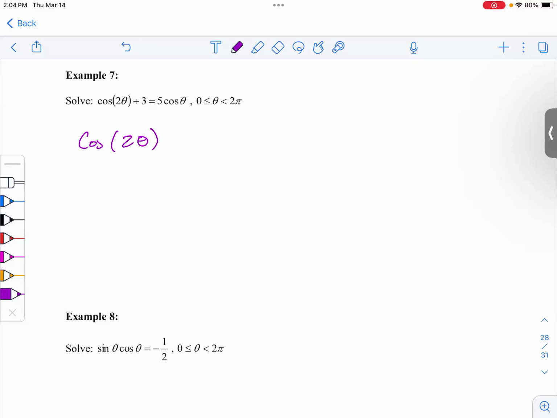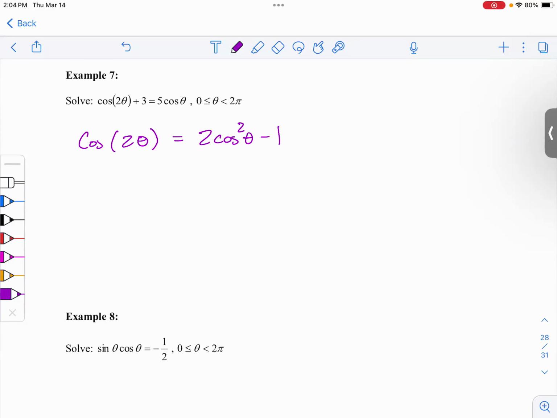Cosine 2 theta, now remember there are 3 versions of this formula. The one I use all the time is cosine squared theta minus sine squared theta, but I don't want to add in that. So is there another option to get into only cosines? 2 cosine squared theta minus 1.